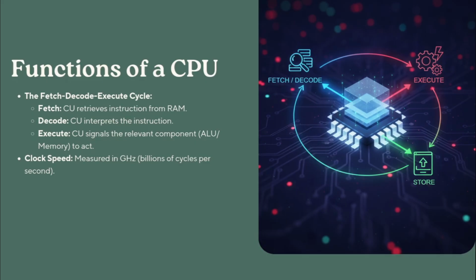Third is execute. The CPU signals the relevant part of the computer, such as the ALU, to actually perform the instruction. This process happens billions of times every second. For instance, a 3 GHz CPU can perform this cycle 3 billion times per second.